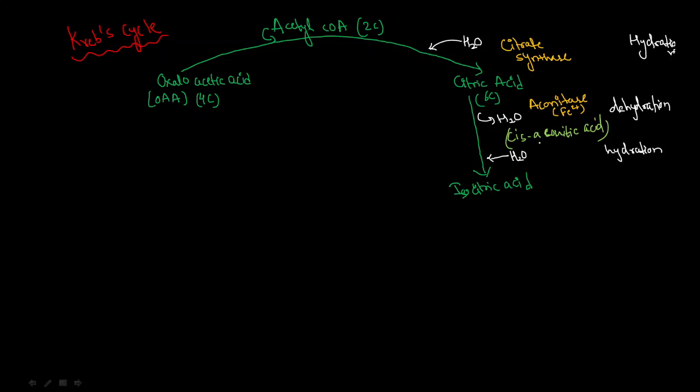Okay, and ultimately this cis-aconitic acid, when it undergoes the hydration process, gets converted into isocitric acid, which is again a 6-carbon compound.